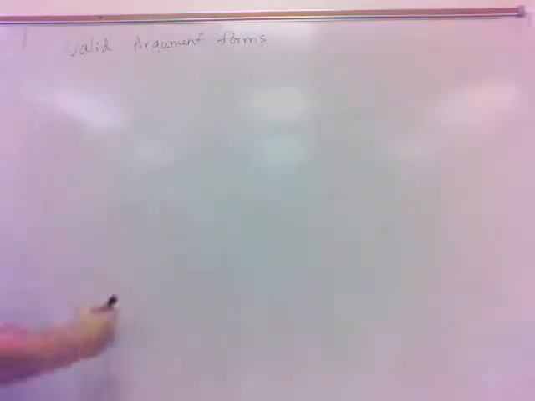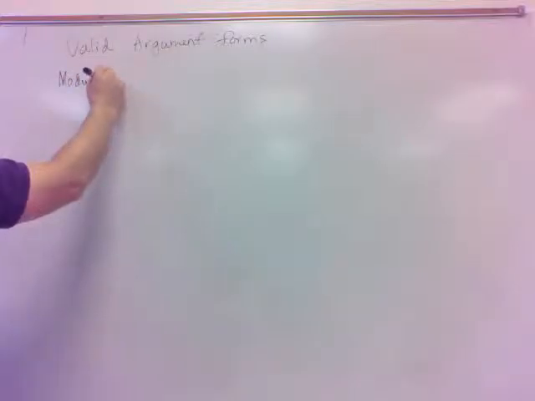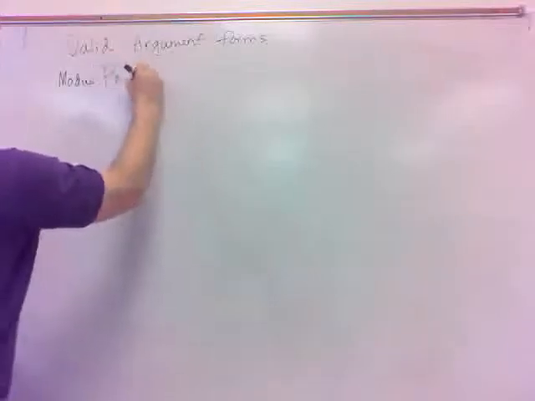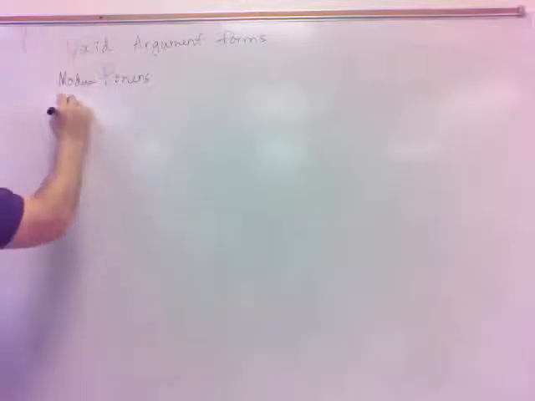Let me write them up here. So we've got valid argument forms. What's the first one? Modus ponens. Okay, that's the first one. Like I said, these are named forms, or valid known forms.